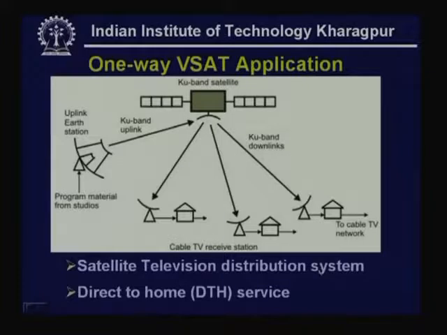Nowadays, another important service is becoming popular, that is the direct to home, DTH, service, which is being publicized by our Doordarshan. In the direct to home service, in the household, one can put an antenna which has a diameter of less than 1 meter, and then by using a set top box, the digitized television signals can be captured directly from the satellite, and then one can put it on the TV.